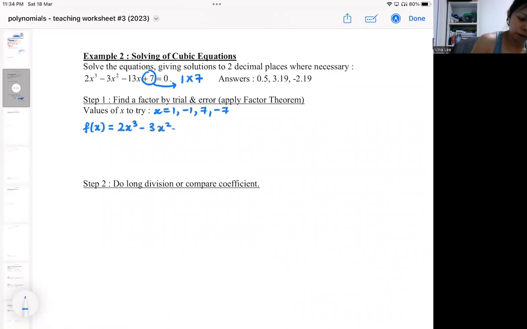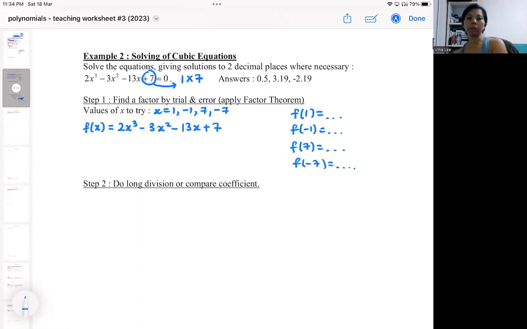You can pause the video to try f(1), f(minus 1), f(7), f(minus 7). Because the last number here is a prime number, you have very limited choices to try.